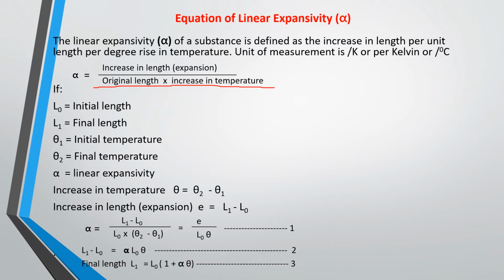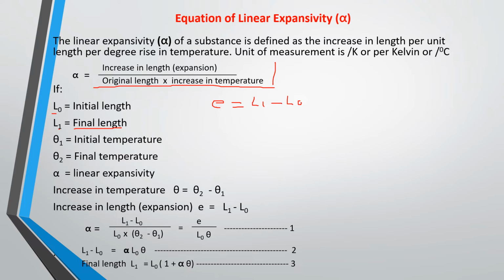Now, all these statements can be written down in a different form. So if L0 represents the initial length of a material, and L1 represents the final length of the material, it means that the change in length, or the increase in length, or the expansion, will be equal to the final length minus the original length.